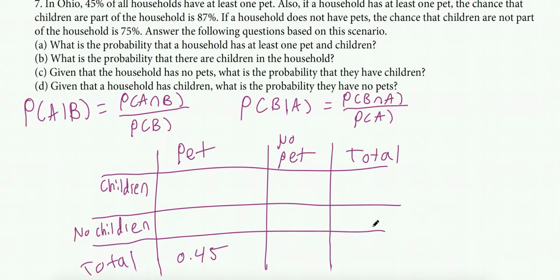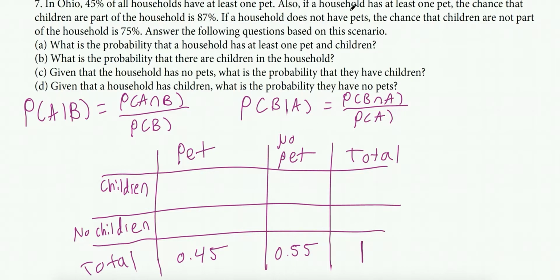It's also important to note that everything's going to add up to 1. So you could do some algebra right here and figure out what's the no pets in Ohio. If 45% of households have at least one pet, what's the probability of having no pets in all the households in Ohio? So 1 minus 0.45, 0.55. Pretty easy.